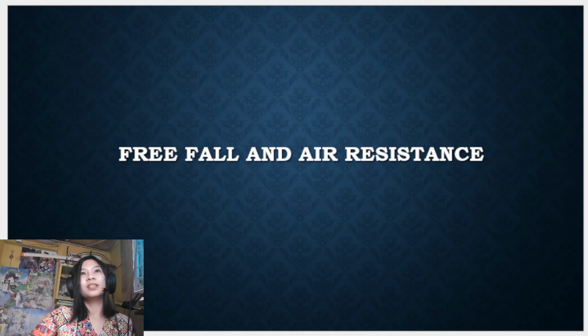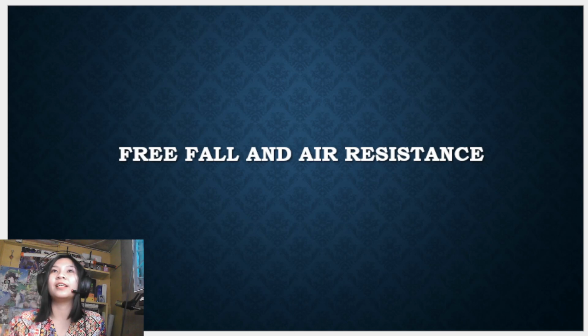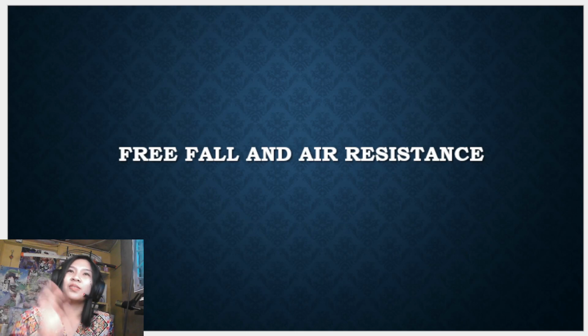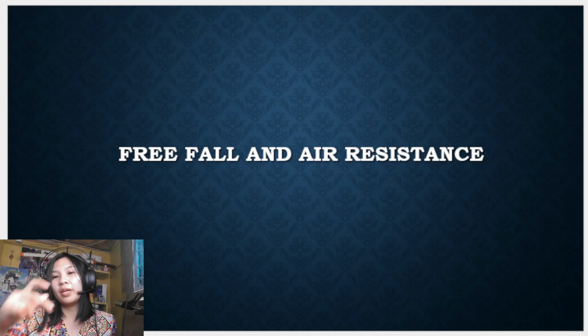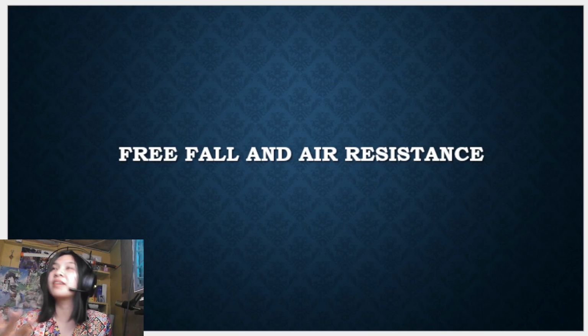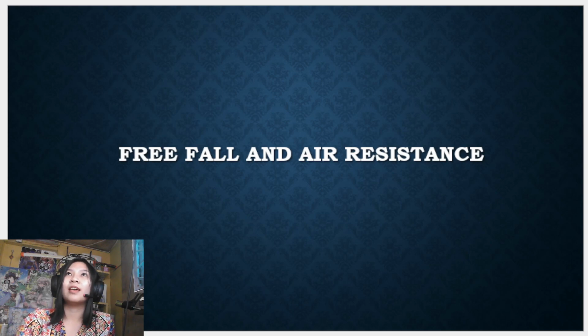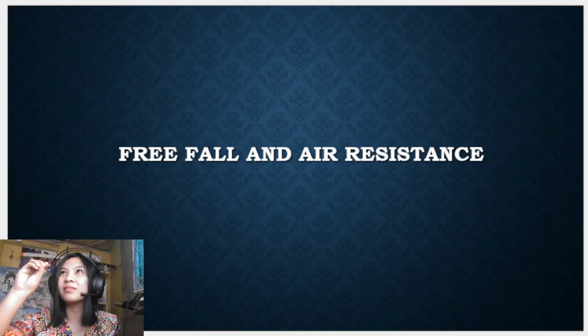Okay? So next we will have free fall and air resistance. If you remember our free fall topic, we said to neglect air resistance, right? So we say: Luke drops a roof tile from the top of his house.